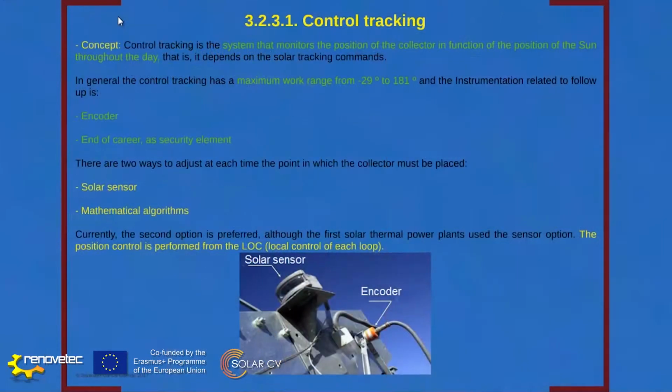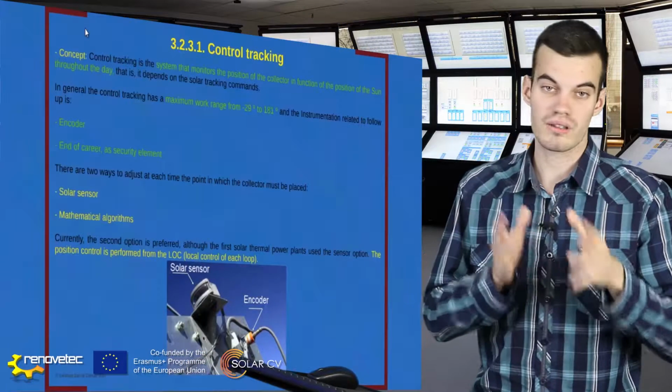And the end of carrier, that is a security element. The main two ways to adjust the position of the collector: it is measured by a solar sensor.